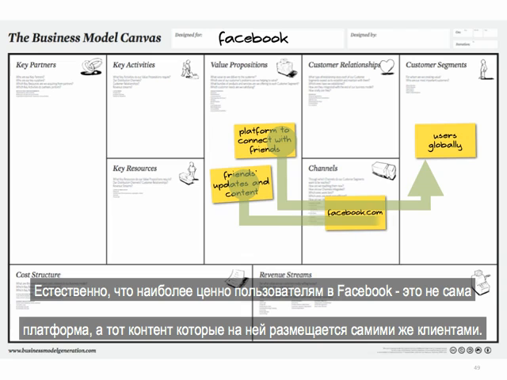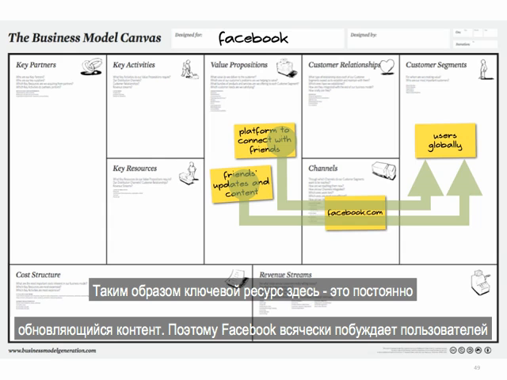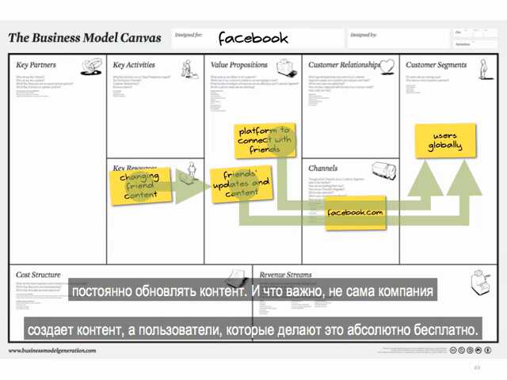So what you really go to Facebook for is not just the platform and to connect with friends, but the content that you and your friends update all the time. So a key resource here is the changing content. Facebook has to make sure that users change content all the time. What's interesting about this is that it's not them creating the content, but users globally, and they do that for free.